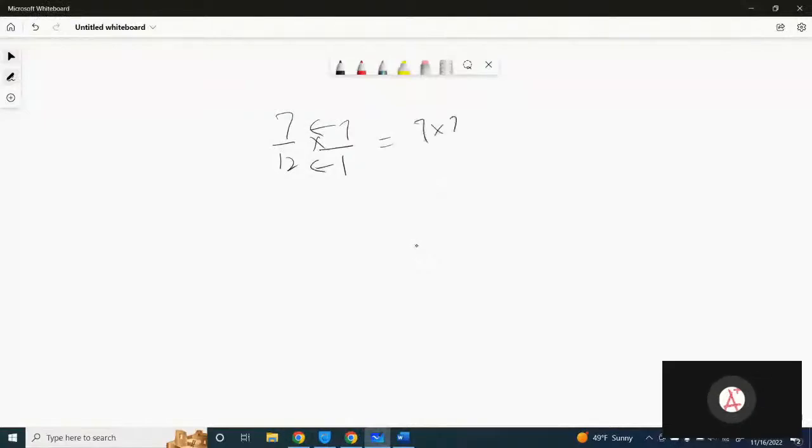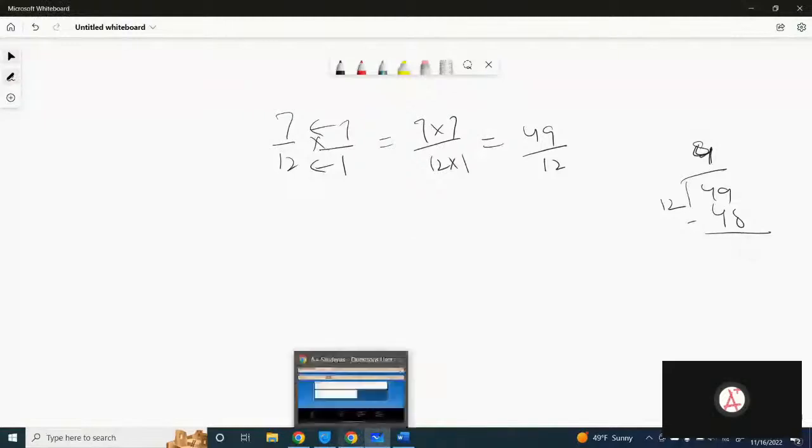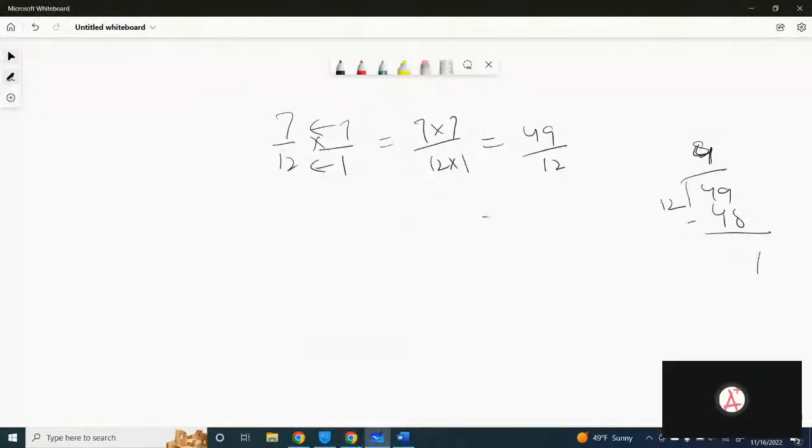You have to do 7 times 7 and 12 times 1. 7 times 7 is 49 and you have 49 divided by 12. Just do 49 by 12. So 12 fours are 48. 12 times 4 is 48. Just subtract them. 49 subtract 48 is 1. Got it? So when you write the answer in the mixed fractional form, it would be 4 whole 1 over 12. Got it?